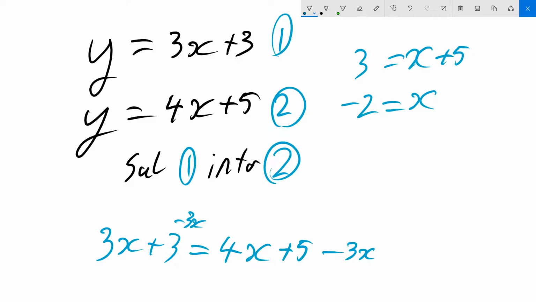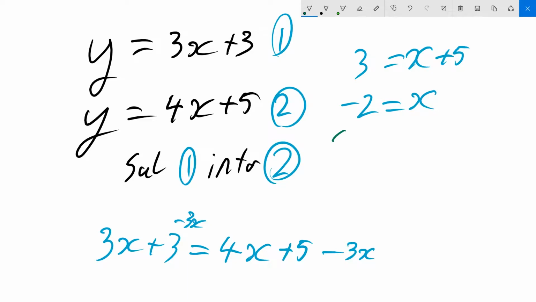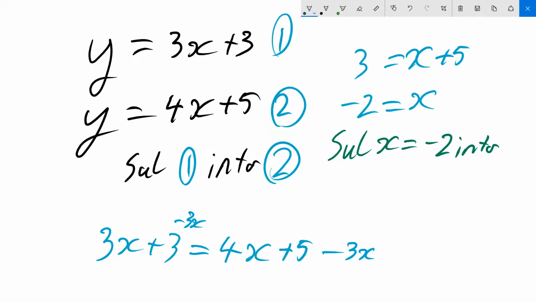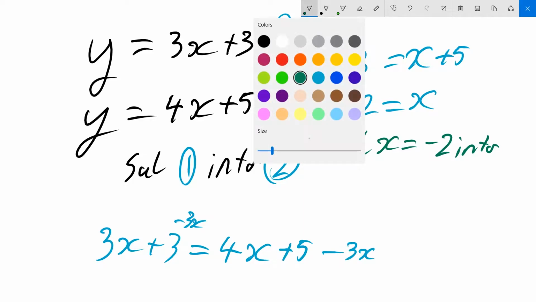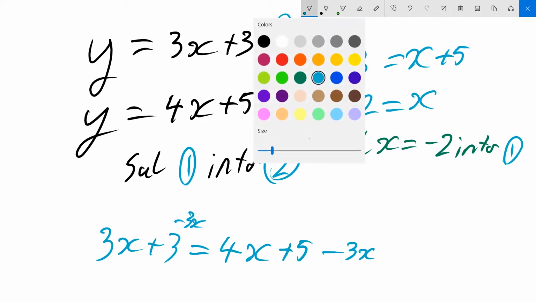Alright, and now, in a different color, we substitute x equals negative 2. So sub x equals negative 2 into, and then we can choose whatever equation we want, whatever's easier. So I reckon the first equation is going to be easier. So I'm going to put the equation 1.